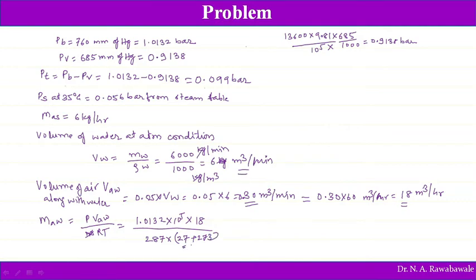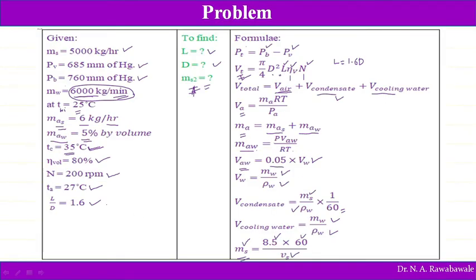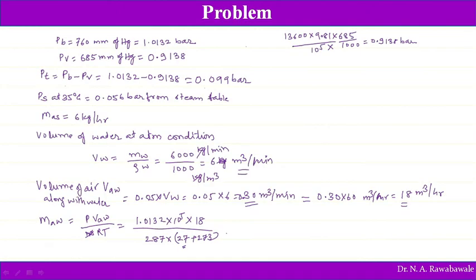T is 27 degrees Celsius, the temperature of air. So this works out to a mass of air of 21.6 kg per hour.